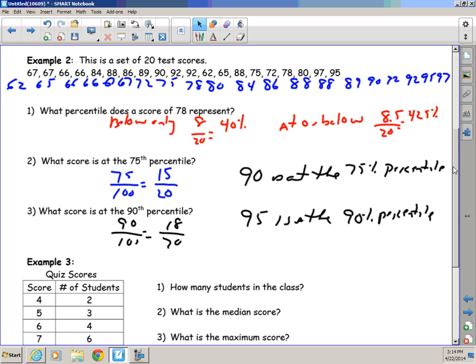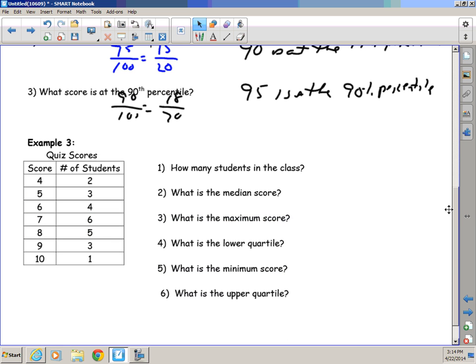Now, this is a very typical Regents question that they can have you do. So, first thing is, how many students are in the class? You just total this up, and you get 24. Now, if I have 24 scores, instead of listing out all these scores, I know the median is the average of the 12th and 13th.